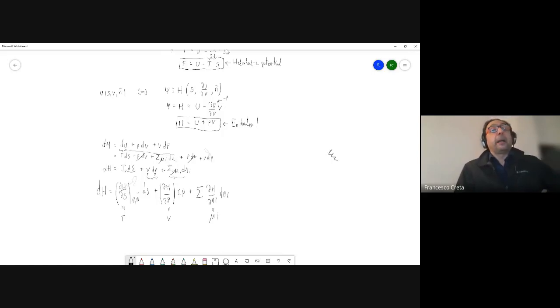For each of those potentials you'll be able to define these intensive quantities, which are the derivatives with respect to extensive quantities. So, for example, T is when you divide two extensive quantities, and here an extensive divided by an intensive quantity is still an extensive quantity.